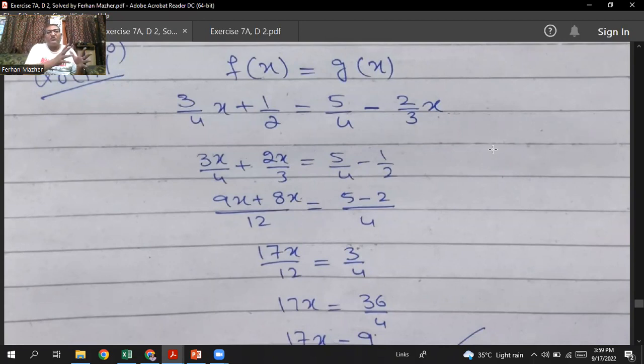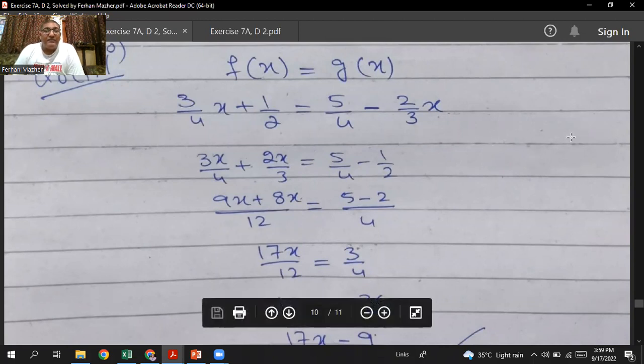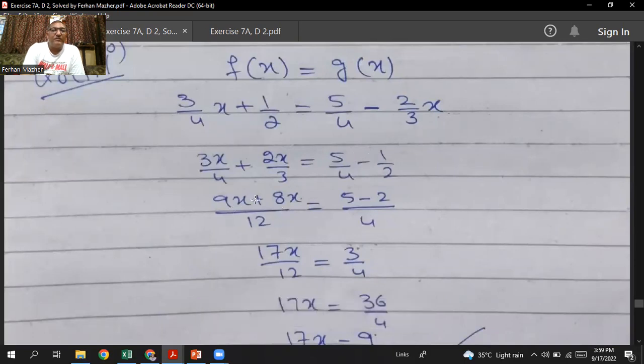I have taken this plus 1 by 2 to the other side. Okay, so now I will take the LCM. The LCM here will be 12. So it will be 9x plus 8x in the numerator, equals, here you will have the LCM 4, so upstairs you will have 5 minus 2.